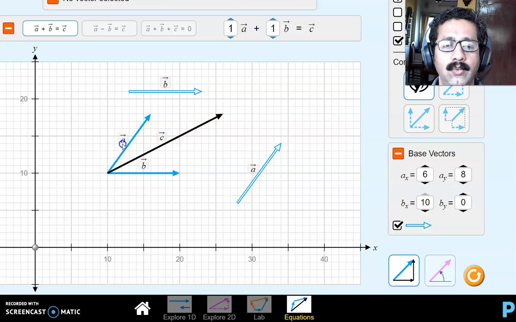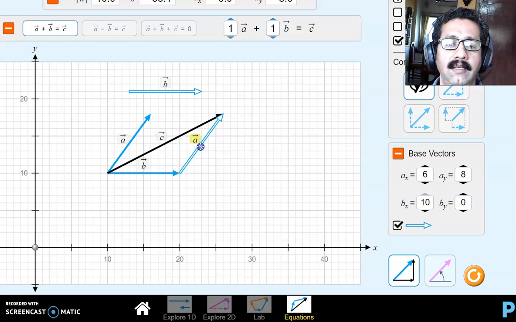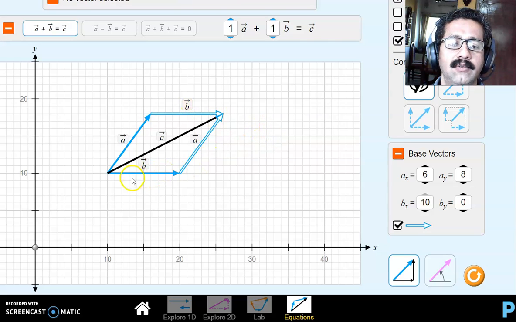So vector A will have its opposite side which is a replica of it, here, and vector B is going to have its replica somewhere here. Then the parallelogram is completed, and vector A plus vector B is given by this diagonal vector C, and that tells you the parallelogram law of vector addition.